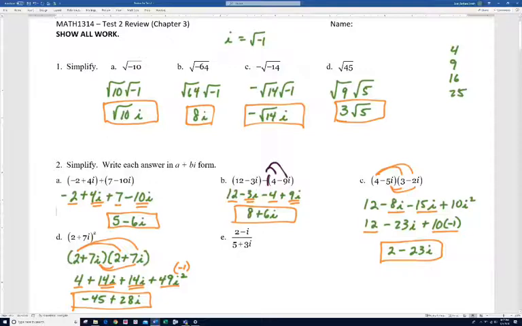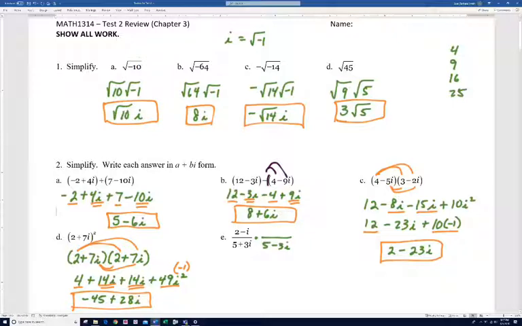All right, so finally we got letter E here. What we learned is in this situation we cannot have an i in the denominator of a fraction. Otherwise we're not in this a plus bi form. And so we learned a little trick. We can multiply our denominator by the conjugate, and that'll work to get rid of the i's.